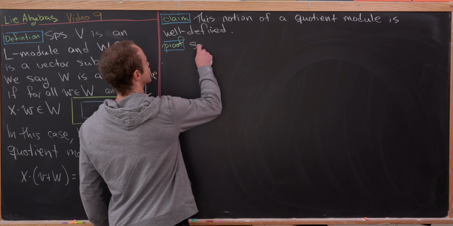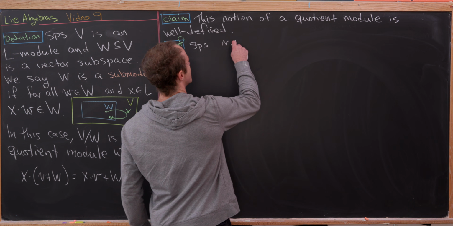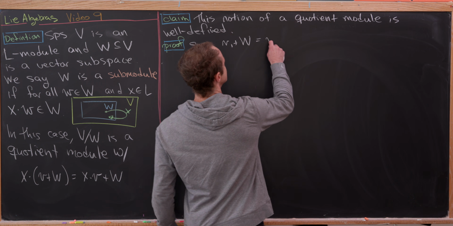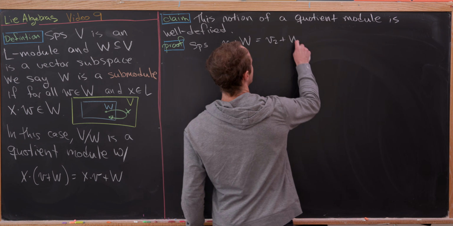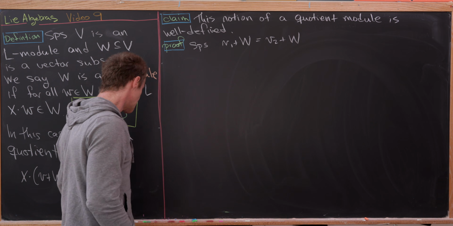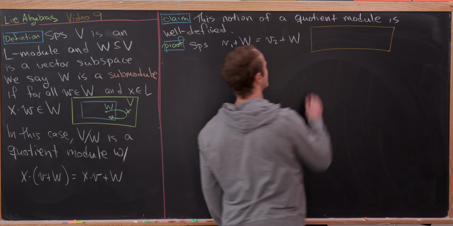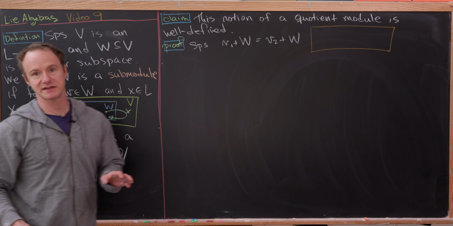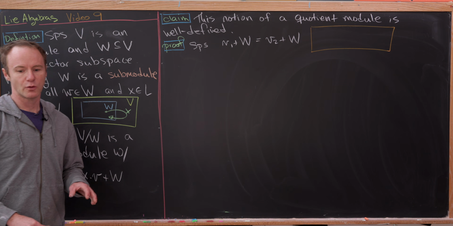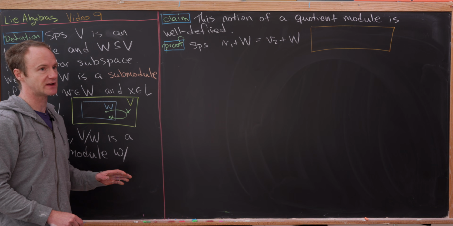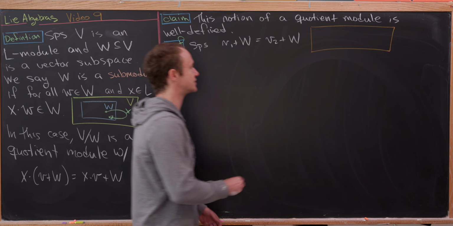Let's suppose that v1 plus W is equal to v2 plus W. So in other words, we've got one element of the quotient vector space with perhaps two different names, two different representations.